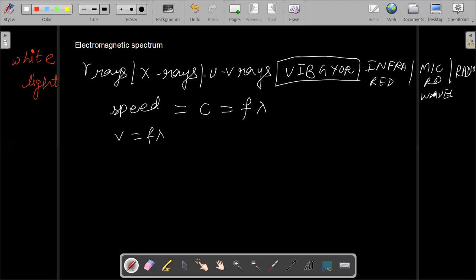In terms of frequency, gamma rays have the highest frequency and radio waves have the least frequency. In terms of wavelength, gamma rays have the least wavelength and radio waves have the maximum wavelength.